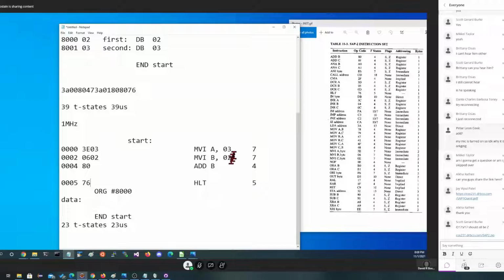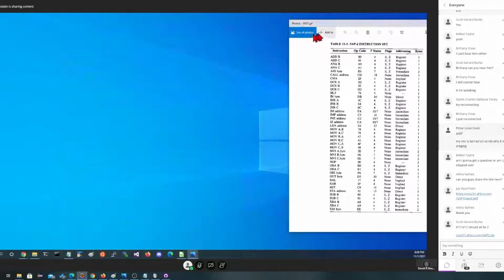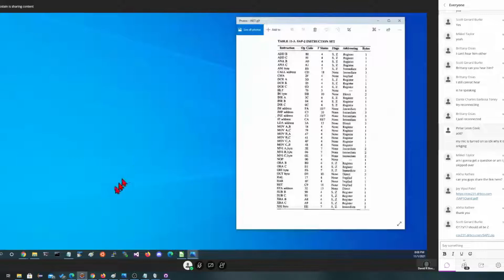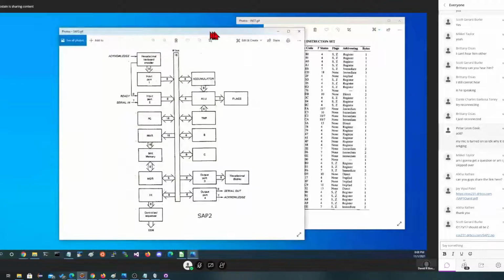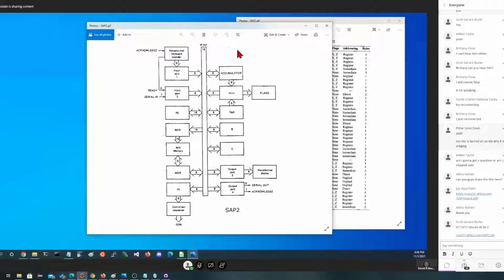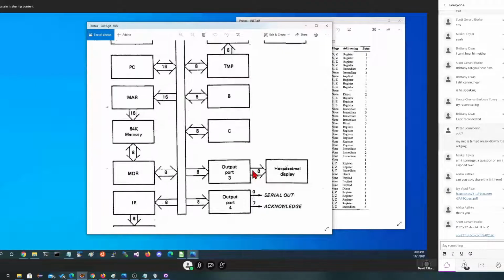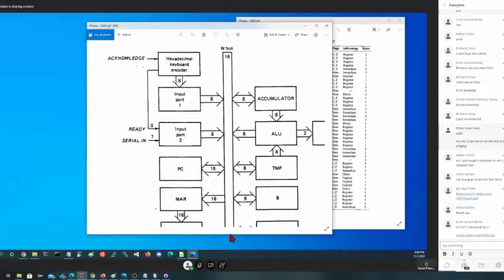Now, let's go back to the architectural diagram again. If I can find it. This guy. I want to talk about the input-output features of this particular processor. Now we'll scroll down to that to look at it in a minute.